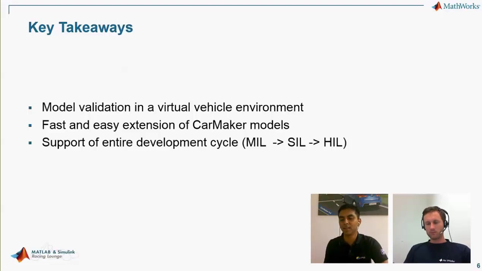And then code generation can be done for this controller model, and the generated code along with CarMaker can be tested in a software in the loop environment. Further, it can also be translated to a hardware in the loop environment, typically an XPack 4, and then you can do hardware in the loop evaluation of your controller. But once this is all done, then thumbs up, the component goes onto the real car, and then you do vehicle in the loop level testing.